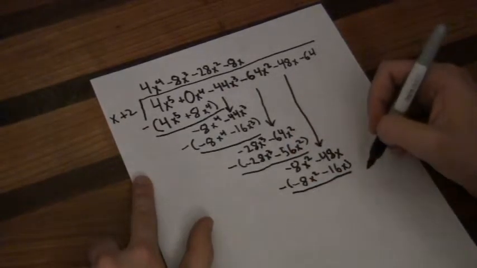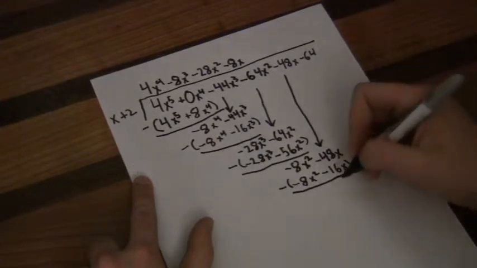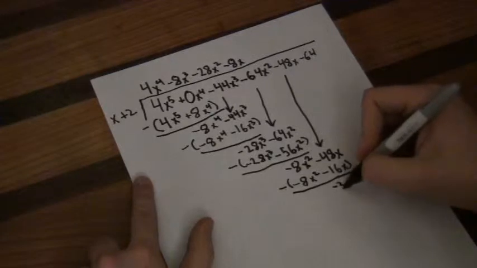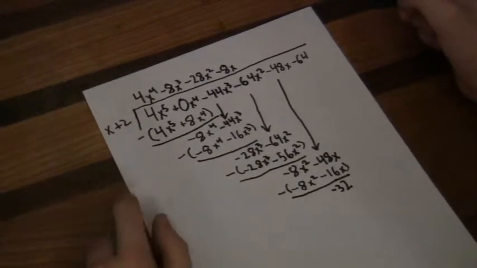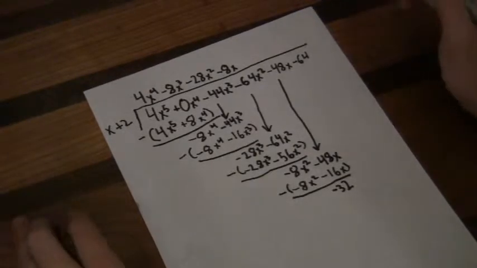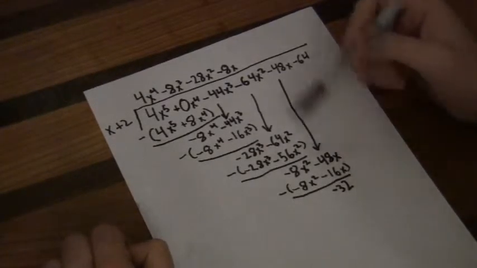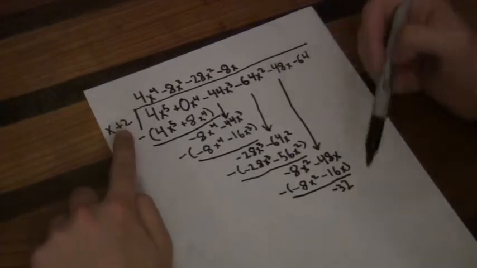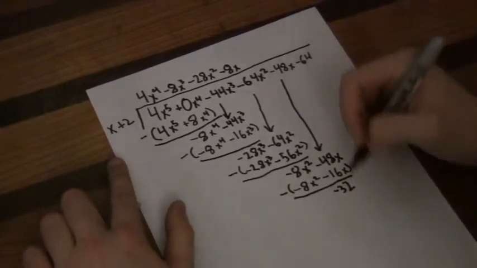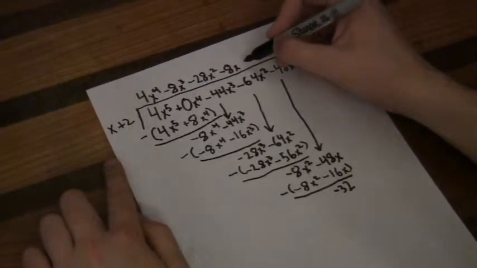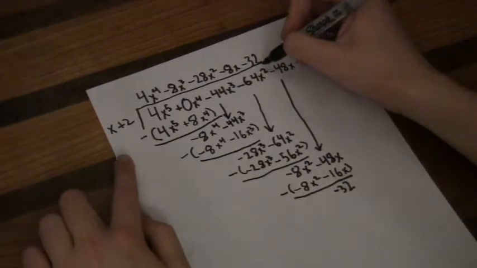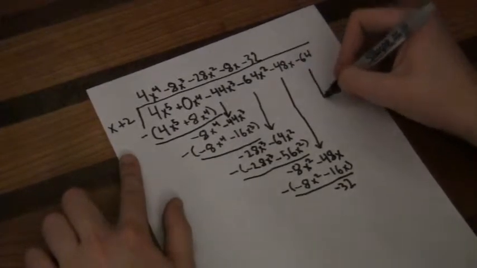We got 0 over here, and in this spot we got negative 32. At this point I look ahead and make sure I didn't screw up somewhere, because it happens and it's sad. We notice eventually we're going to be putting this up here, and 2 times 32 is 64, so that's a good sign. So we take that 32, we drop down that 64.